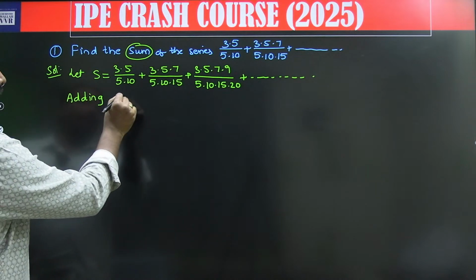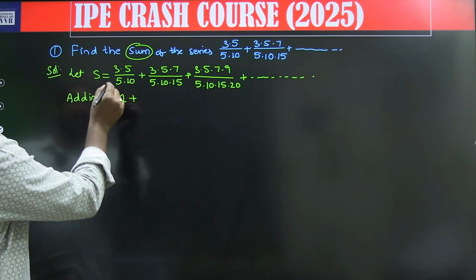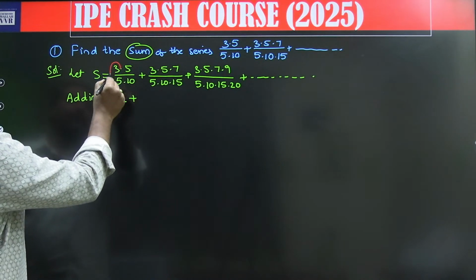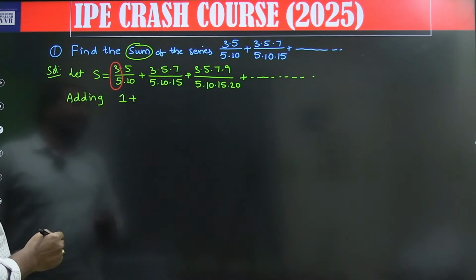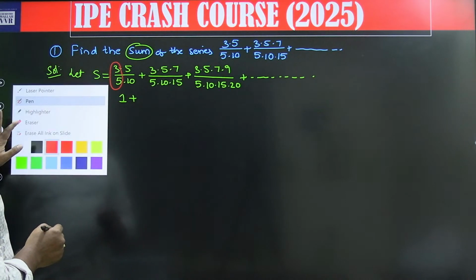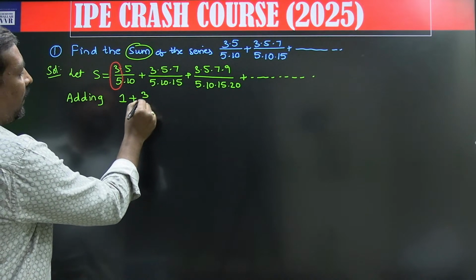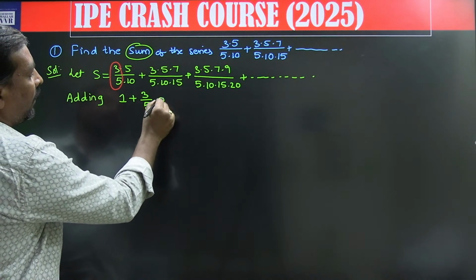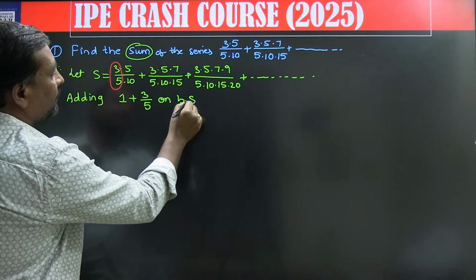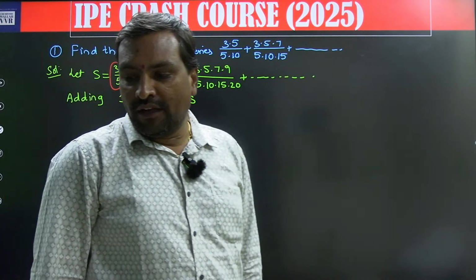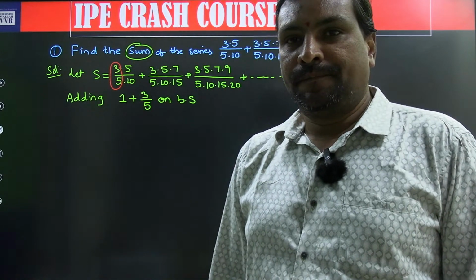Adding 1 plus the first term of the value. What is the first term here? It is 3 by 5. So adding 1 plus 3 by 5 on both sides.